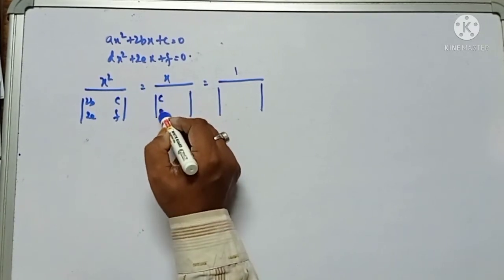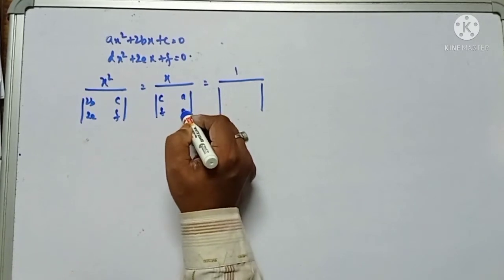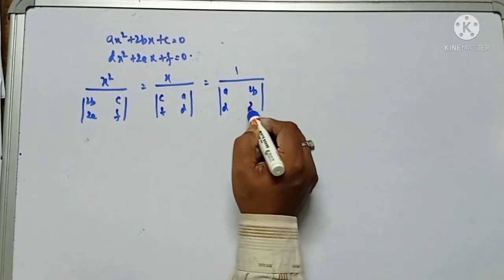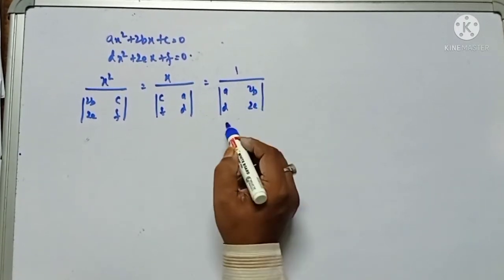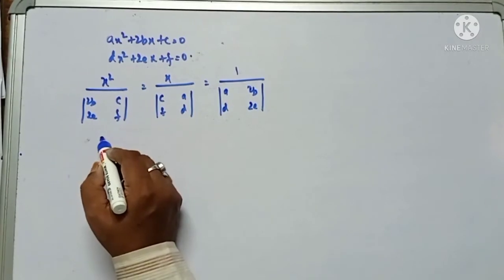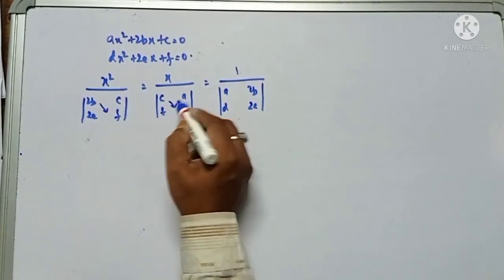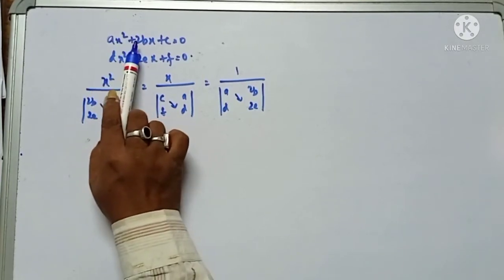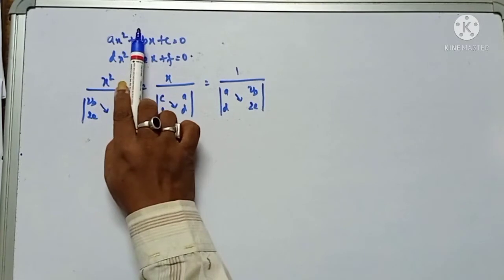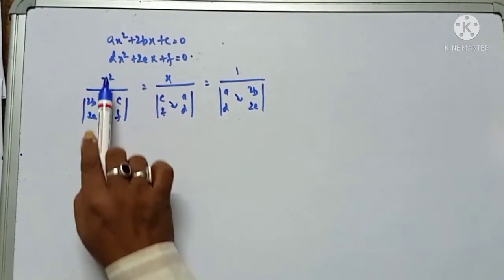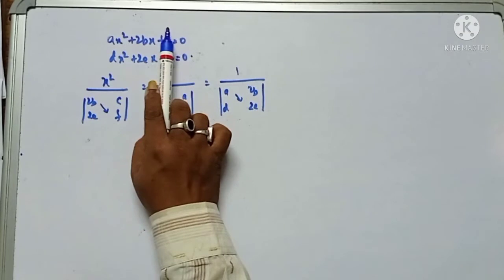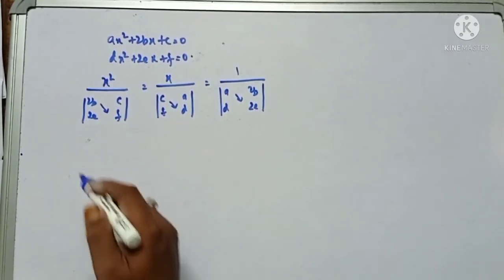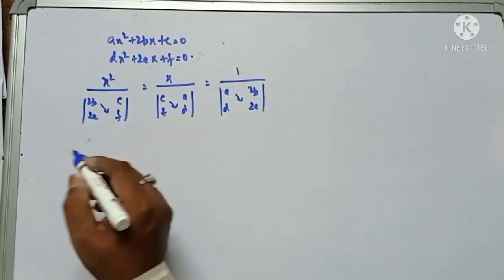So cf and AD, 2B and 2E. When we take x square, the coefficients are 2b, 2e and c and f. When we take x, then c, f and a and d, and when we take the last one, then a, d, 2b and 2e. This you have learnt in class 10.